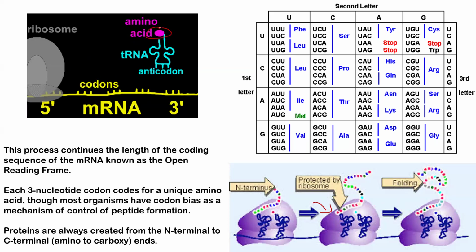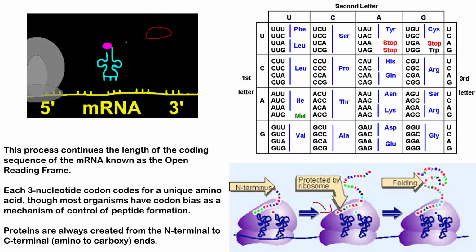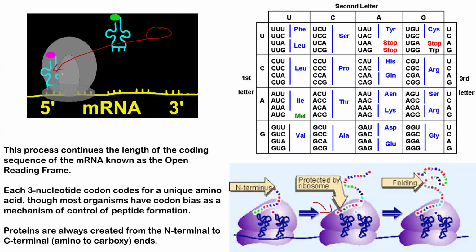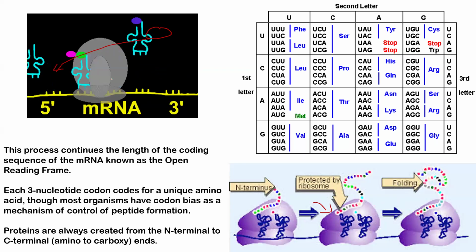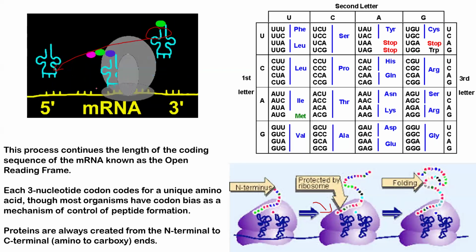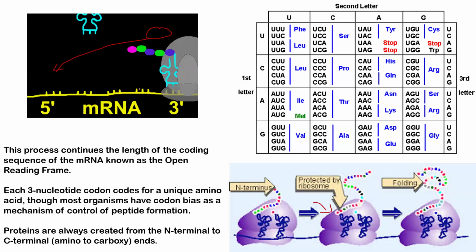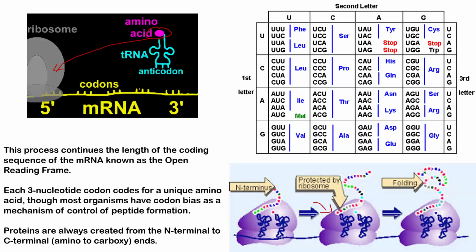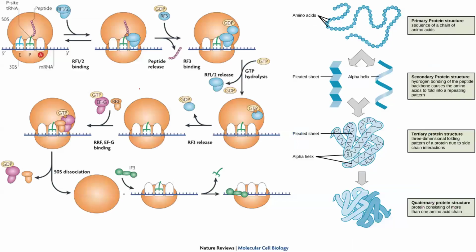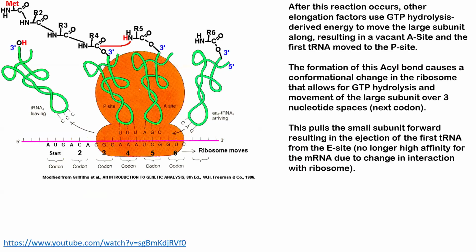and this being charged with an amino acid. This allows the ribosome to move, and as every subsequent tRNA binds to its anticodon, there's an ester bond being created along the amino acid or the amine group in the backbone, as seen here.